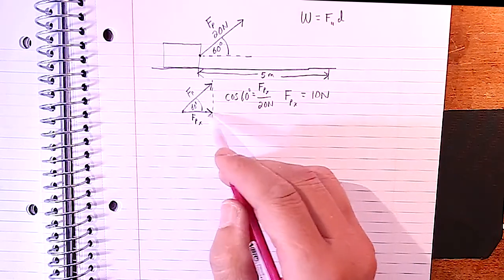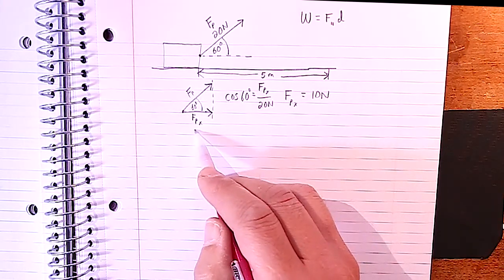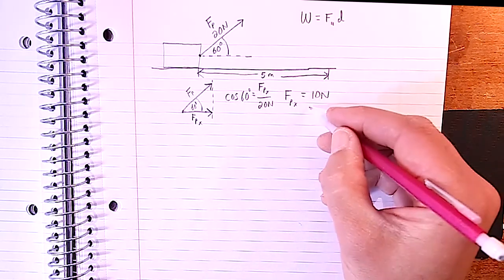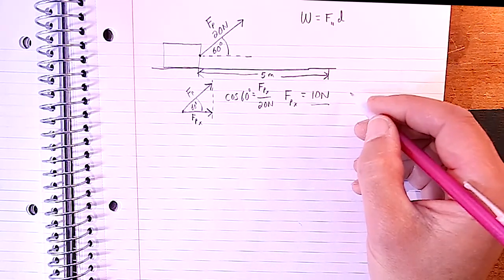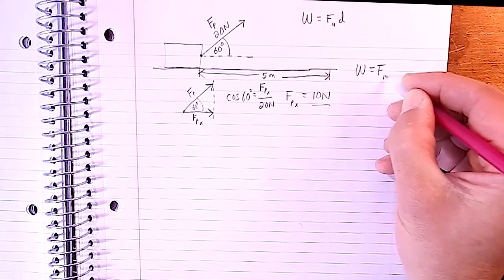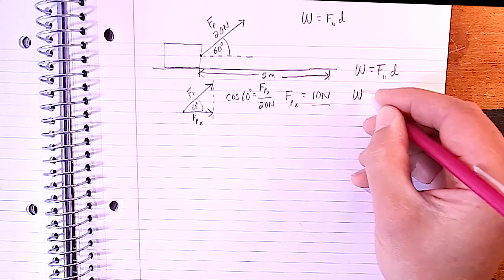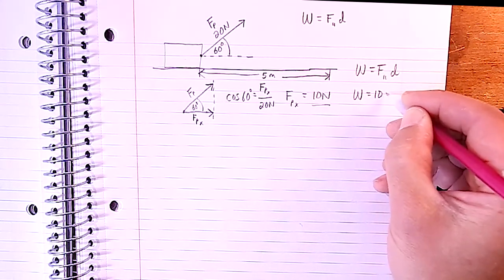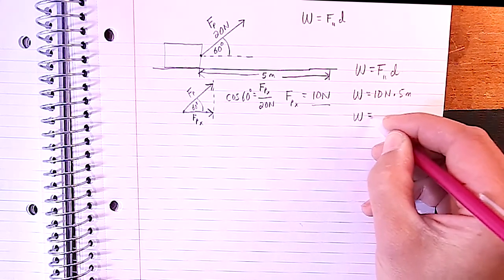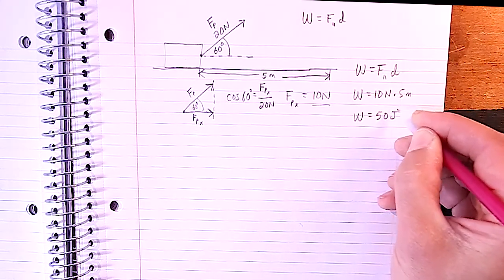So we need to make a right triangle and figure out F parallel, or F_x. So what's F_x? We use cosine 60. That gives us a force in the x direction of 10 newtons. So now all we have to do is force parallel times displacement, and we can say 10 newtons times 5 meters. So our work done in that case would be 50 joules.